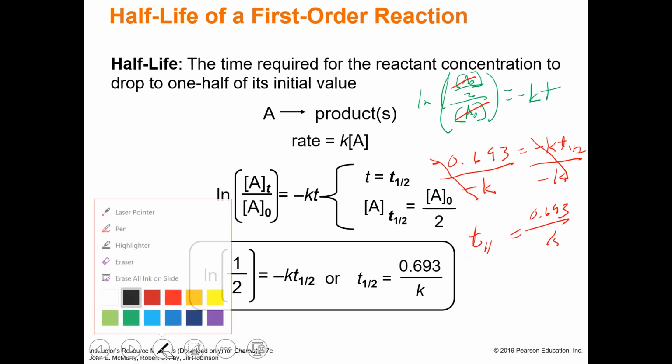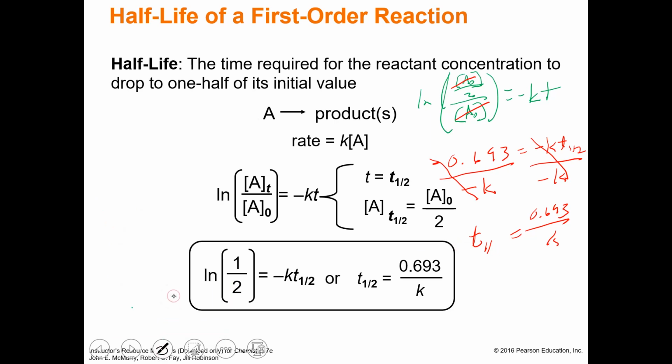So we can calculate the half-life of something that is a first-order reaction if we know the rate constant. Or if we know the half-life, we can calculate the rate constant.